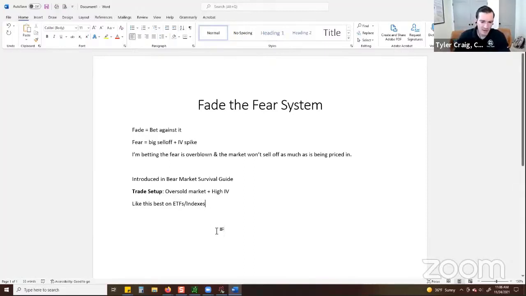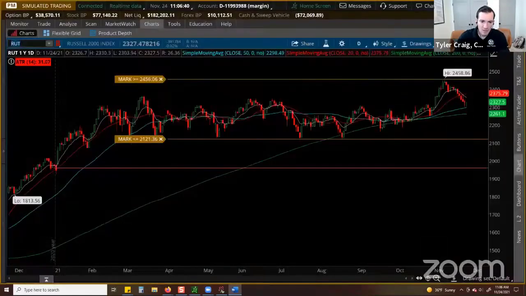As we've been reminded on some of these individual names we've looked at, particularly the stay-at-home names, the high beta growth names like Zoom, Zillow, Teladoc, PayPal, Twitter, even recently Snap, some of these have just gotten completely dismantled. And trying to pick a bottom in those can be very, very tricky and just irresponsible. But when it's an index that tends to be a little bit more mean reverting, I think that you have better odds with this type of play.